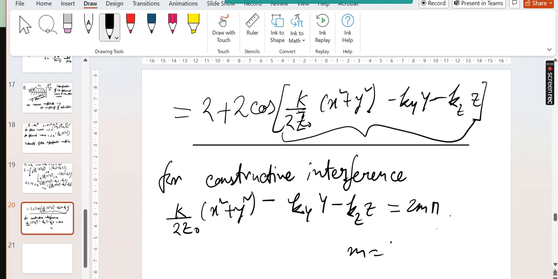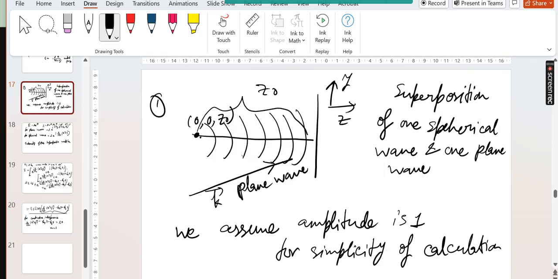So for m equal to 1, this is basically 2 pi. So now we assume that the position of the screen is z equal to 0.